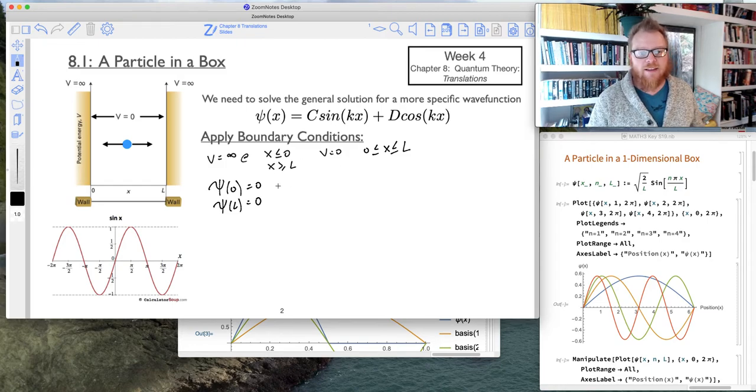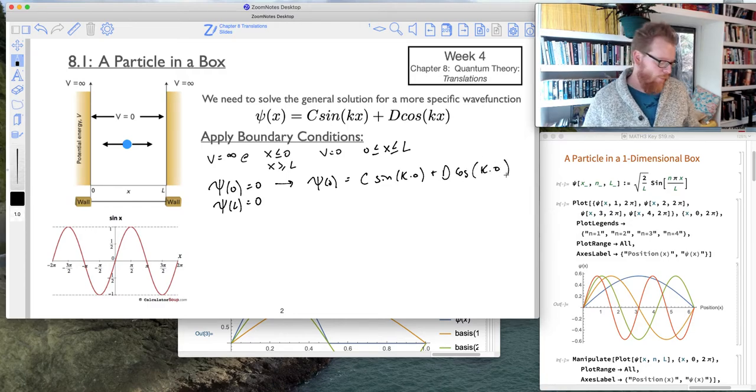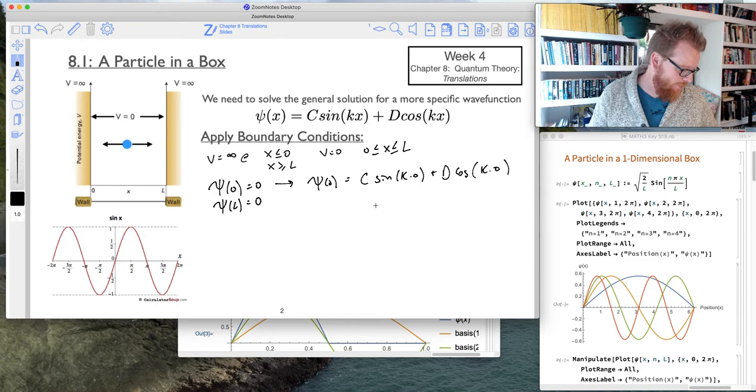So now if we plug in these boundary conditions, if we say psi of 0 now equals c times the sine of k times 0 plus d times the cosine of k times 0, what do we get? I put a little sine graph right here just to remind us that the sine of 0 is 0. So that means this whole term drops out to 0.